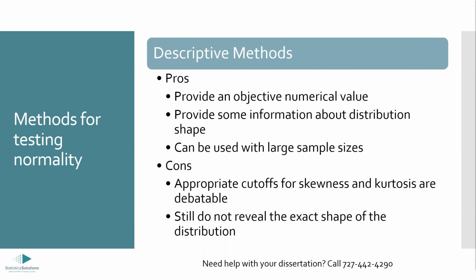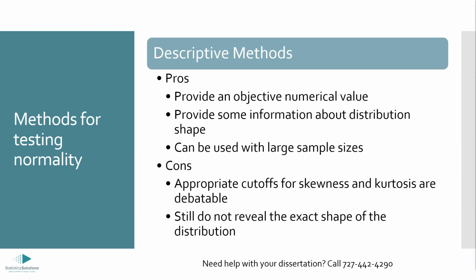However, there are some disadvantages to descriptive methods, and those are that the appropriate cutoffs for skewness and kurtosis are subject to debate. So depending on exactly what statistic reference you're looking at, they might suggest different numbers.